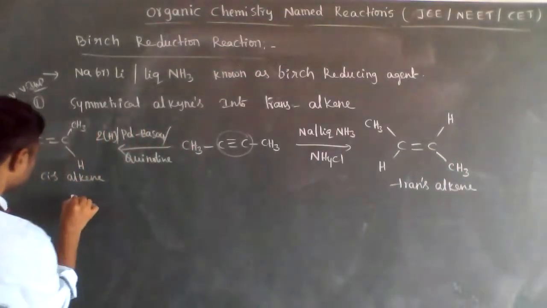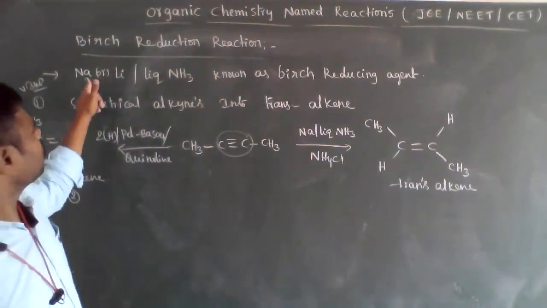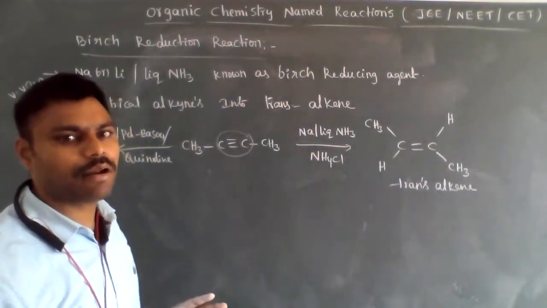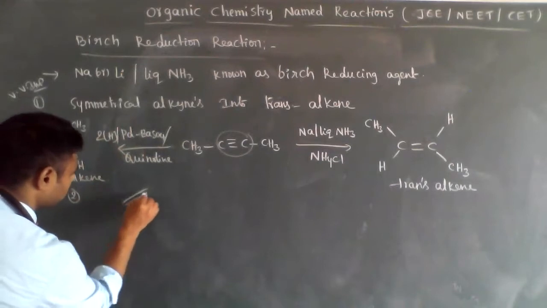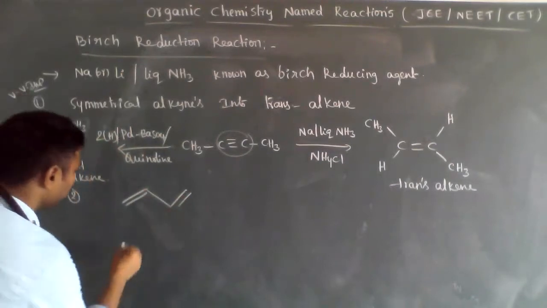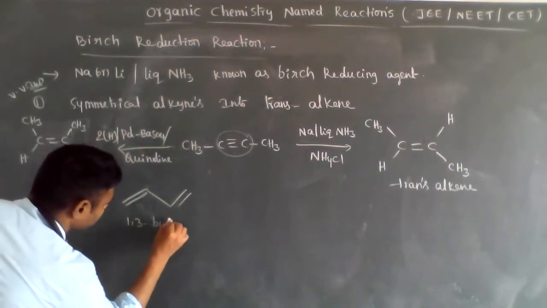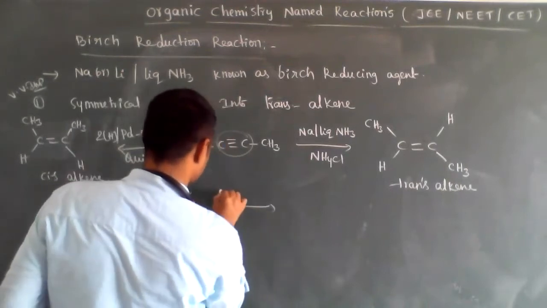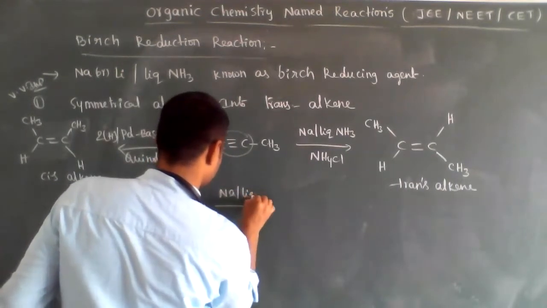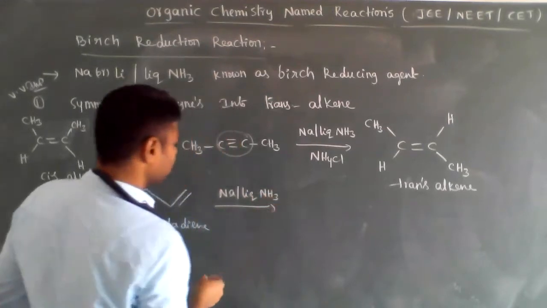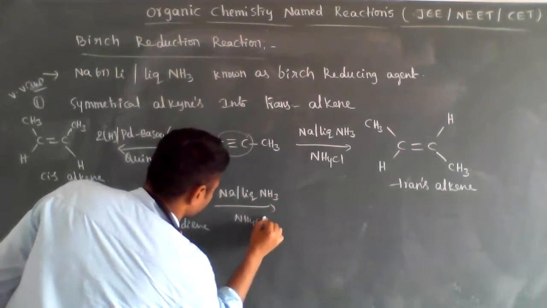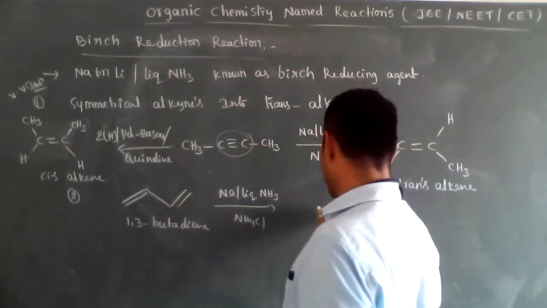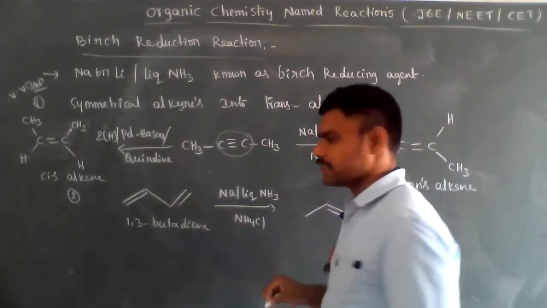Next, sodium or lithium in the presence of liquid ammonia reduces conjugated double bonds into isolated double bonds. For example, 1,3-butadiene in the presence of sodium, liquid ammonia and ammonium chloride reduces the conjugated double bonds into isolated double bonds, like this.